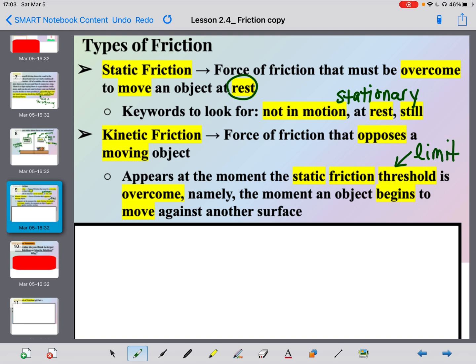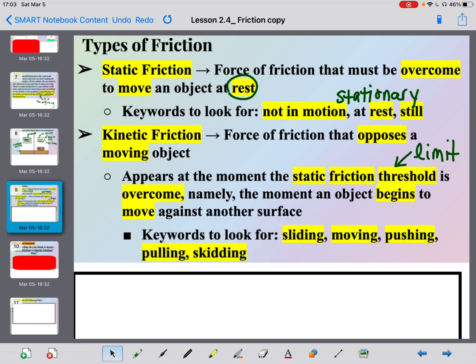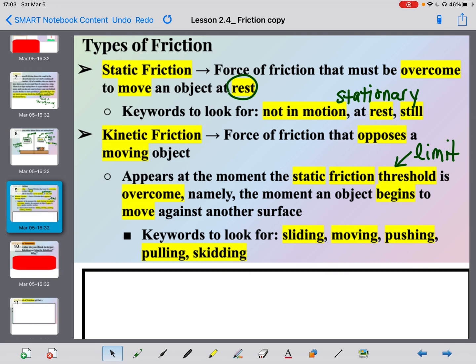How do we see that this happens? That means the object begins to move against another surface. That moment where it goes from being at rest to moving means that the static friction limit has been broken and now that object is moving. Some keywords that we might see would be sliding, moving, pushing, pulling, or skidding.